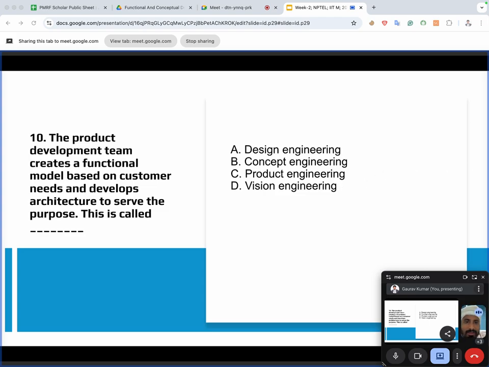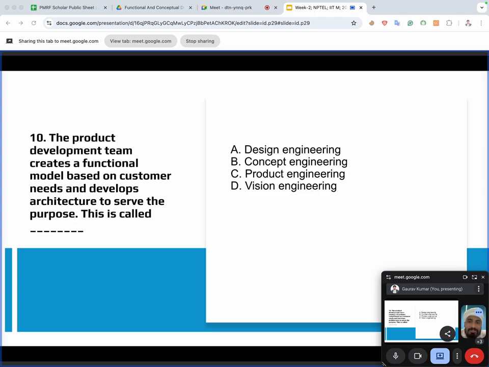The product development team creates a functional model based on customer needs and develops an architecture to serve the purpose. So this is called what? Option B, concept engineering. Right. So this is the stage where we go from what the customer wants to how we might deliver that.